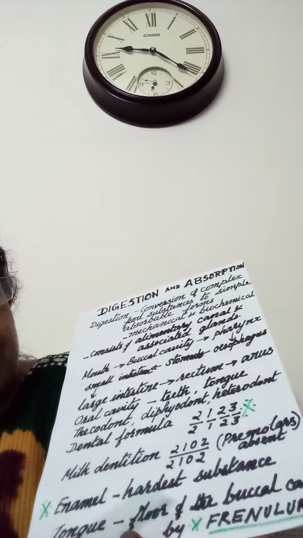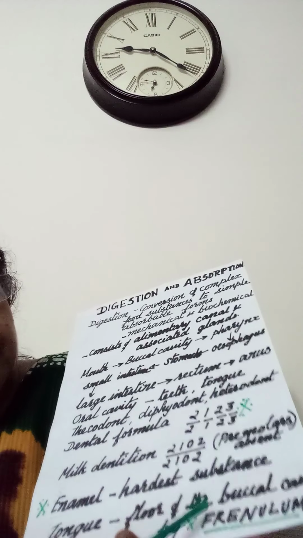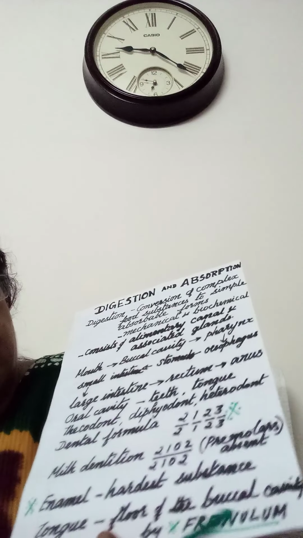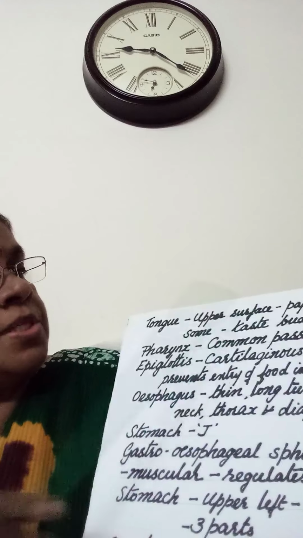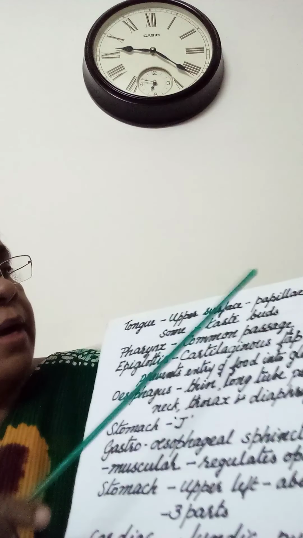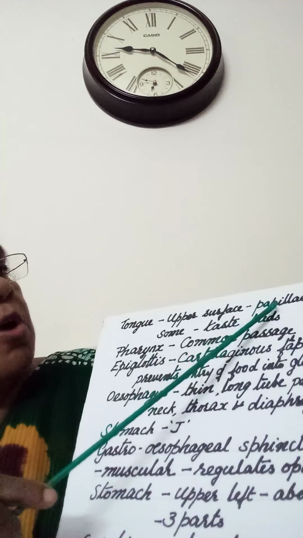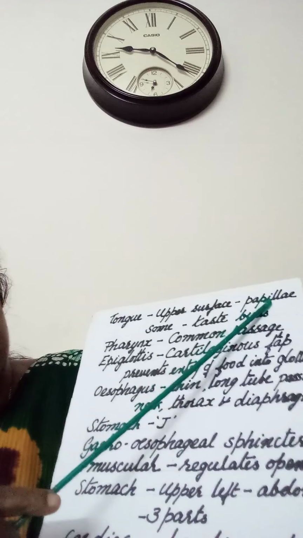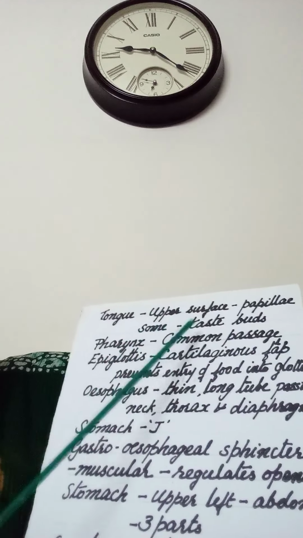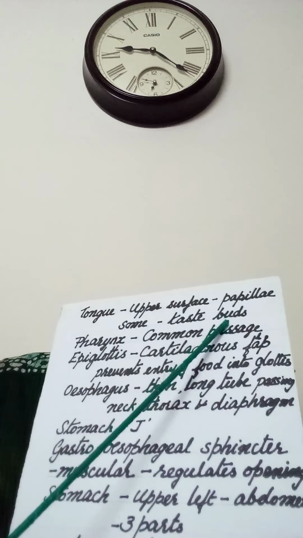Tongue is attached to the floor of the buccal cavity by the frenulum. Next one. The upper surface of the tongue has some small projections that are known as papillae. Some of the papillae have taste buds.